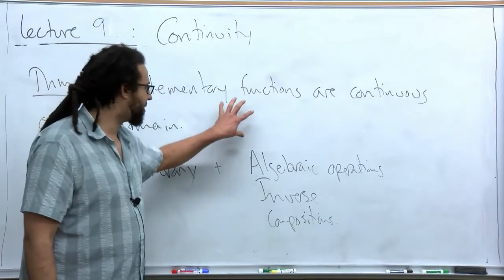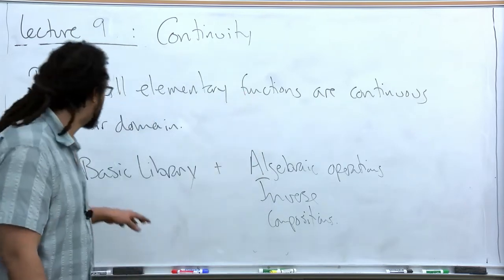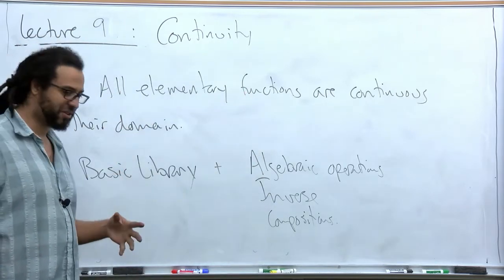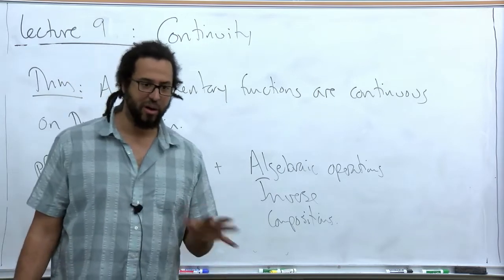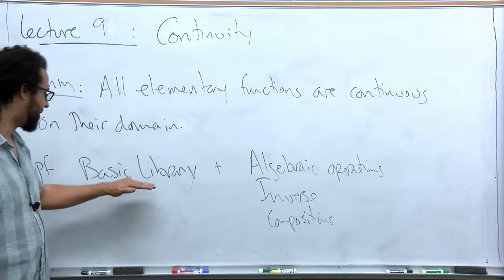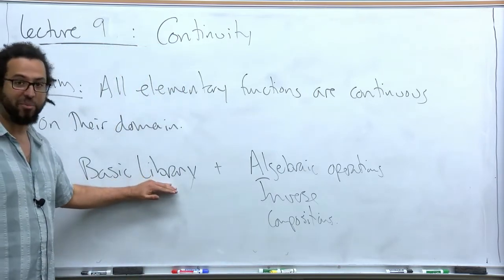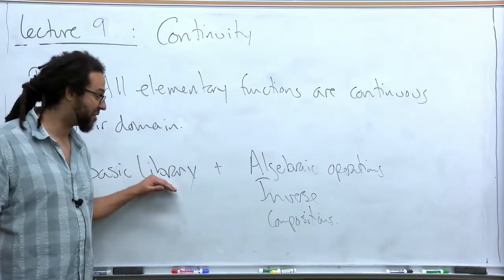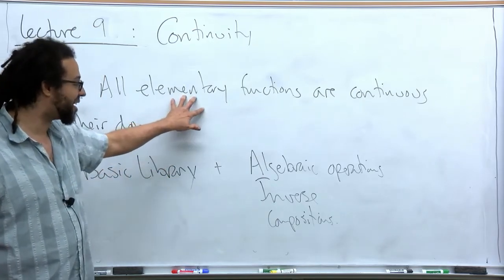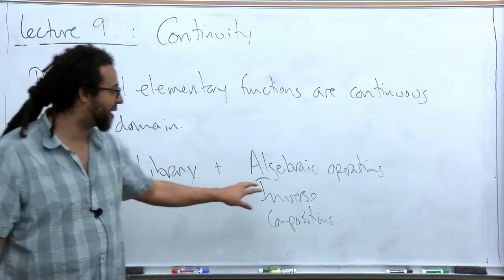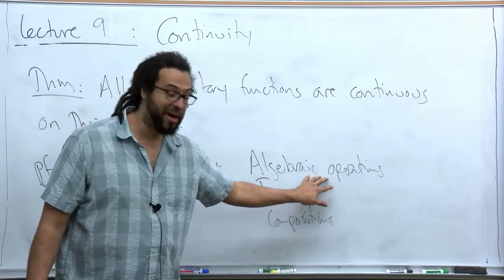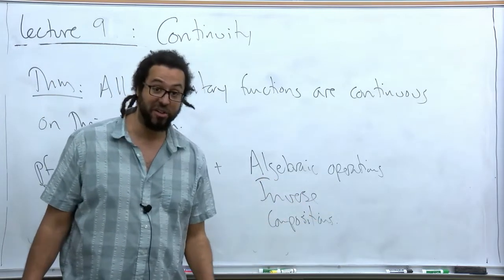Okay, so here's another theorem. All of the elementary functions are continuous everywhere on their domain. And the reason is we know that the basic library functions are all continuous. And we know how to get to the elementary functions from the basic library. That's just these algebraic operations, inverses and compositions.